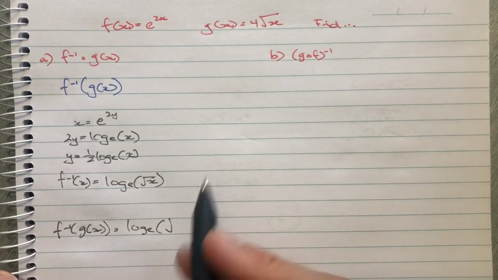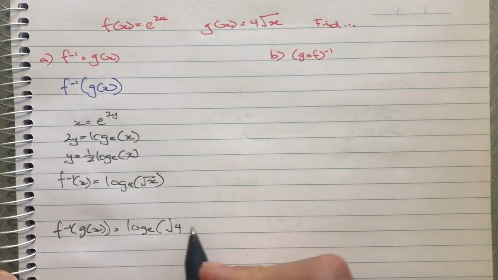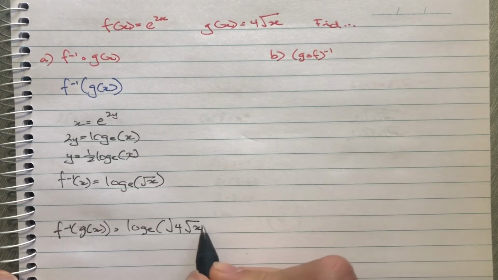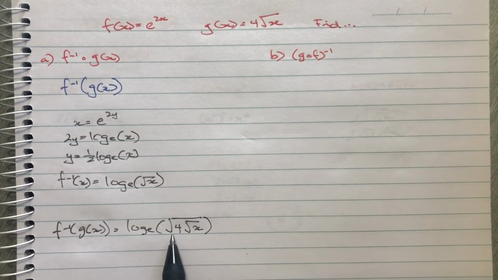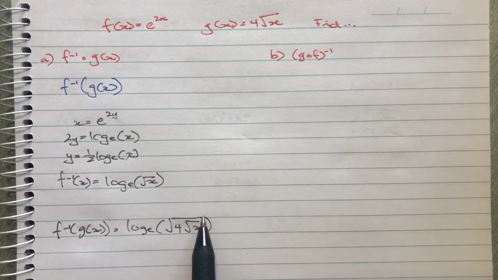Okay, now instead of x, I'm putting this here. Now that looks yucky, doesn't it? You've got your 4 times square root of x under a square root sign. Let's actually think about what's going on here.